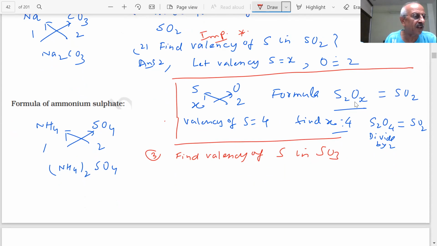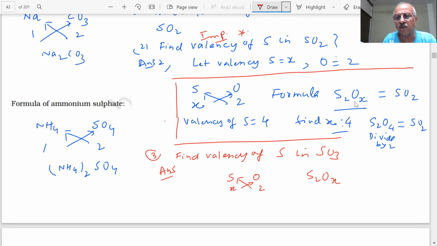I can find the valency in any example. Let me say valency is X. Then valency of sulfur is X. Oxygen is how much? 2. 2 goes here, X goes here.